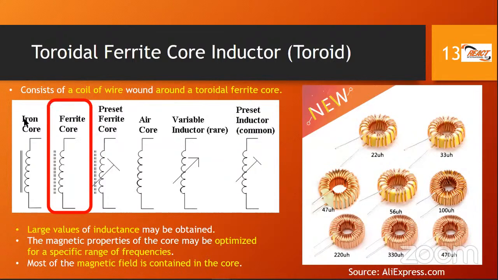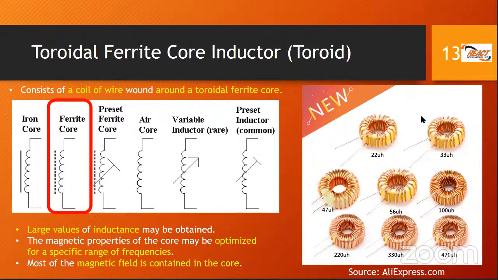So I just decided to show the different types of inductors with iron core, variable core, air core, what they look like, so you can have an idea of a comparison. But we are really talking right now about the ferrite core inductor, not the air core, not the iron core, not the others, but a ferrite core, and this is the symbol here for it.